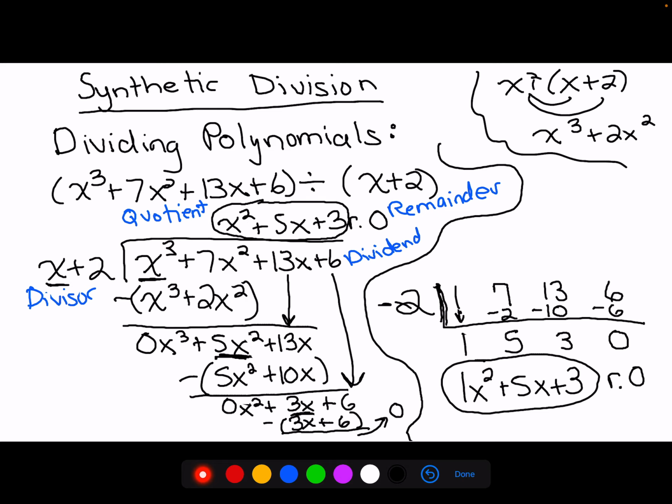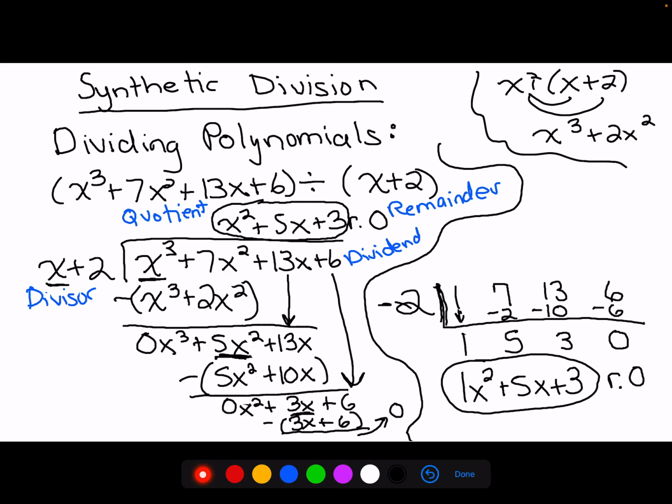Well, let's look at this for a second. In the long division, essentially we were looking at our coefficients when we were trying to decide what to multiply by. Like when we figured out, well, x times what gives us x cubed? Well, we knew that we had to have a 1 and then an x squared.